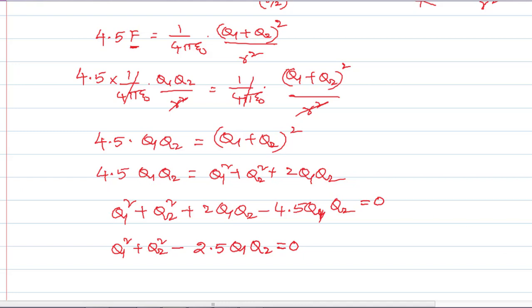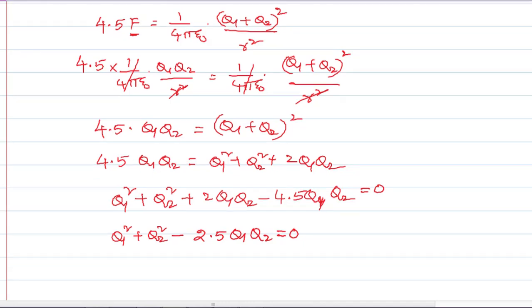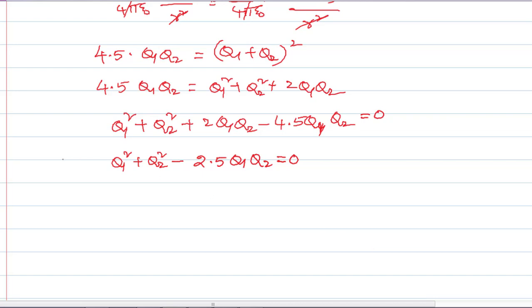Now what is our main aim in this question? We have to calculate the q1 by q2 value. It is looking like a quadratic equation. What I am doing is dividing the above equation with q2 square.